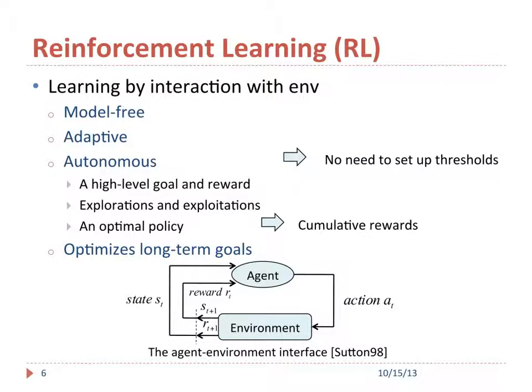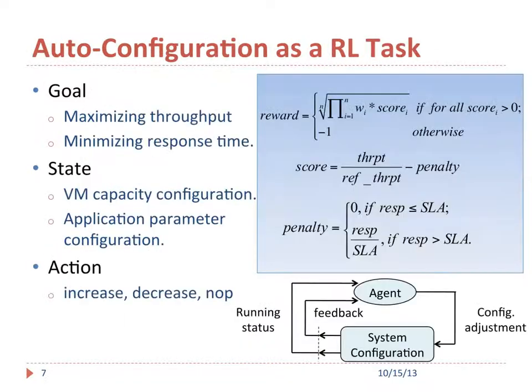The reconfiguration of VM resources and application parameters fits within the agent environment framework, where an auto-configuration agent tries different configuration settings and looks for configurations that maximize application performance. We formulate the auto-configuration of VM resources and application parameters as a reinforcement learning task.